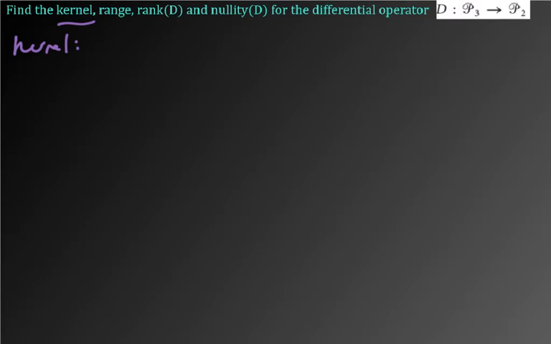So for the kernel, we know that the derivative would send any constant to 0, right? So the kernel is really just the set of A such that A is something in R, okay? And that could also just be understood as the P0 polynomial space of order 0. And so from that, you can also get the nullity, right?